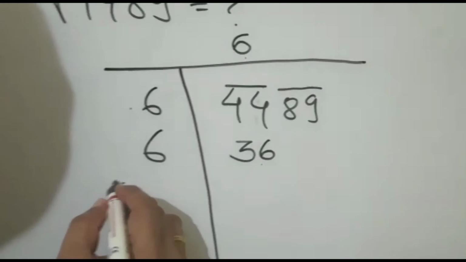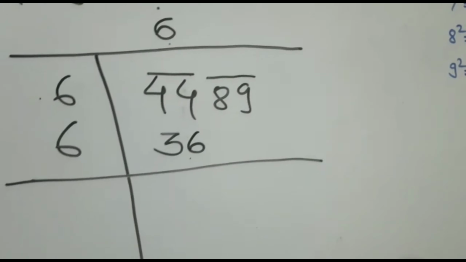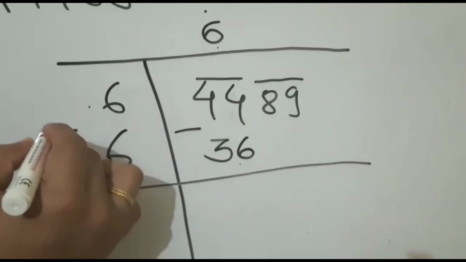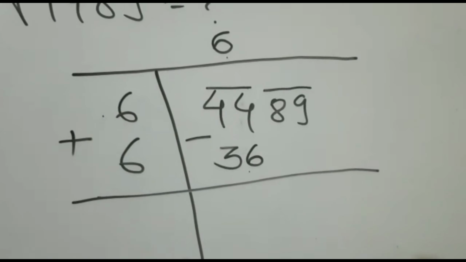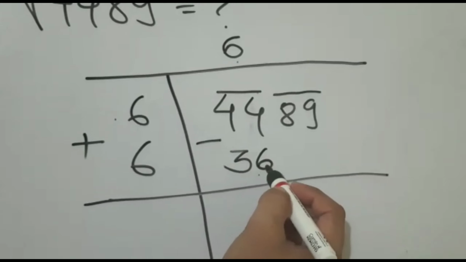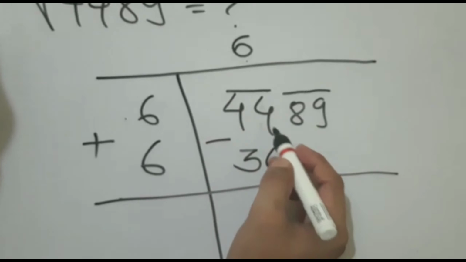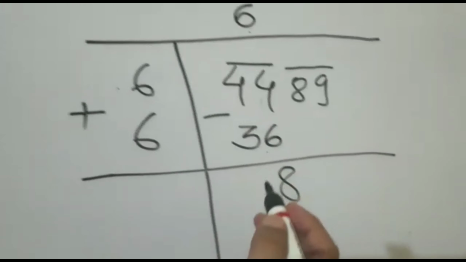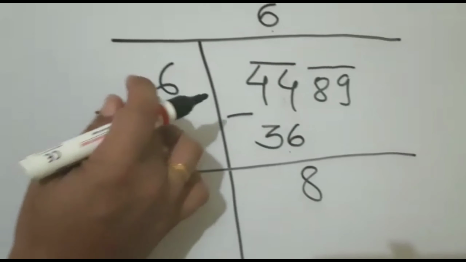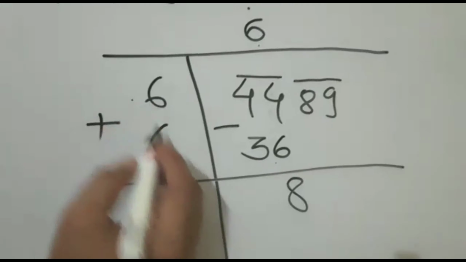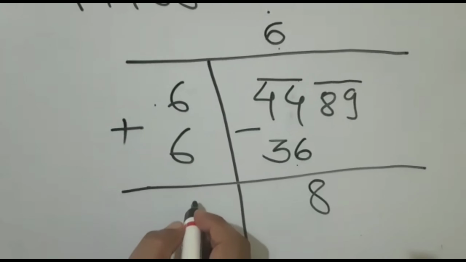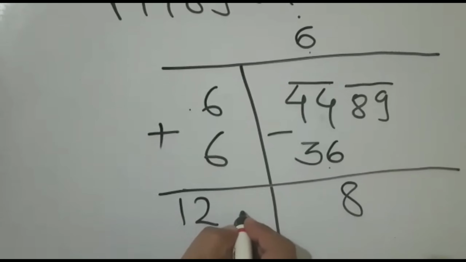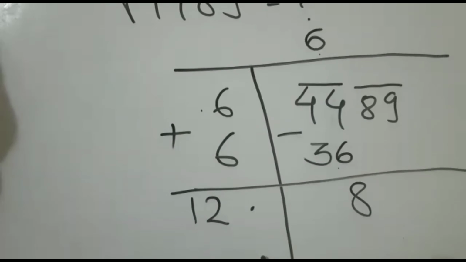Now the first pair is complete, first step complete. Here we make subtraction and here we make addition. Now we will subtract 36 from 44. Here is the subtraction, 8, and we will add 6 plus 6 here. 6 plus 6 is 12. So 12 is written like this here and make a blank space here.